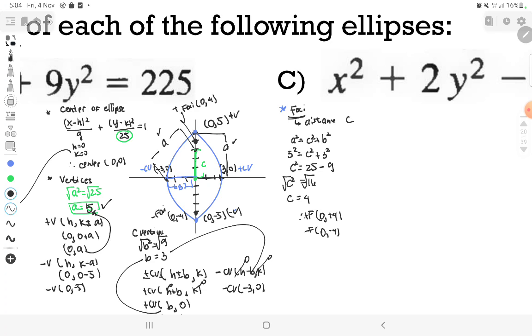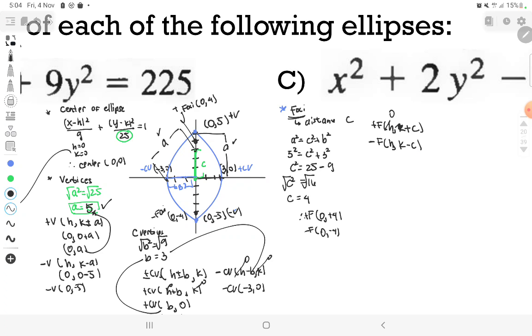So take note, just like our major axis, we have our coordinate as positive f, we have h, and k plus c, and for my negative f I will have h, k minus c.